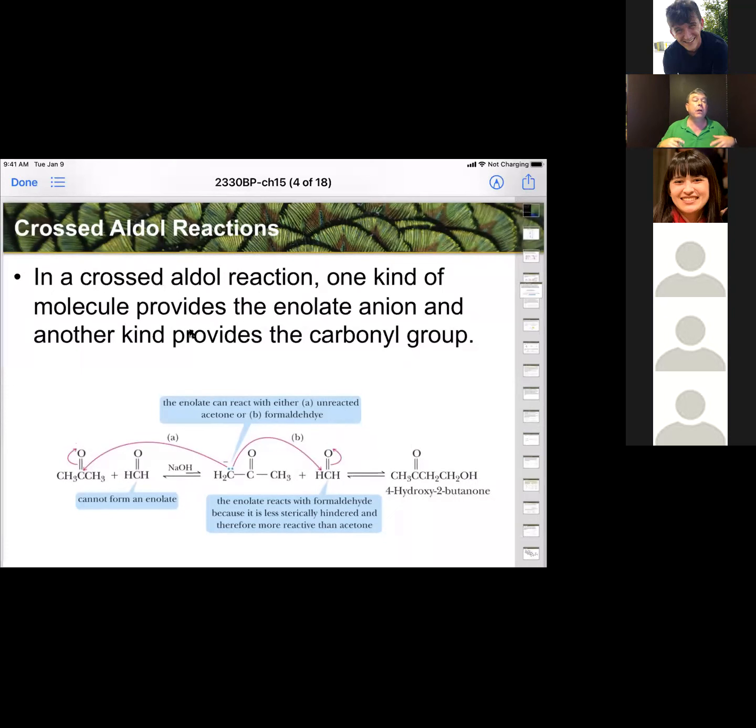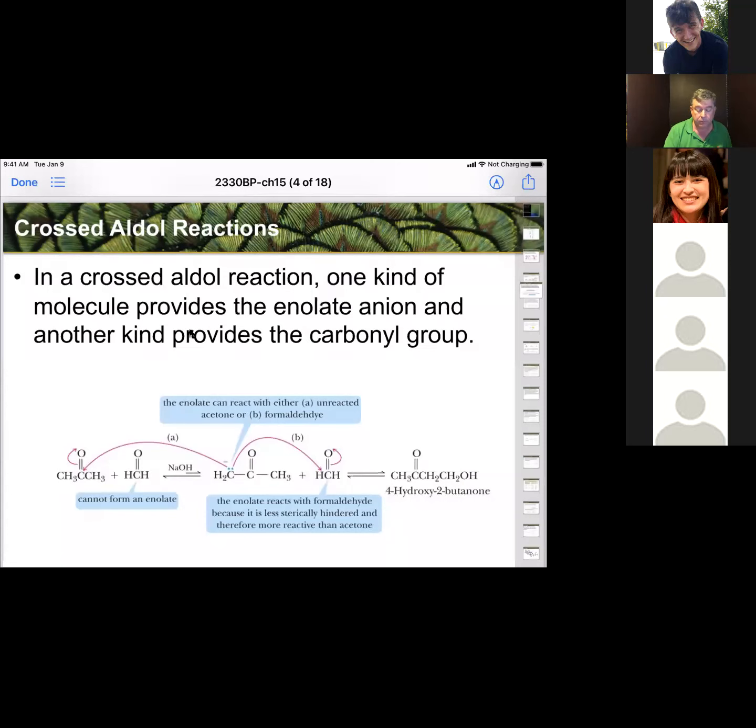In this case, we call it a cross aldol reaction, meaning one thing can make an enolate, the other thing can't make an enolate. Okay, so what does that mean? That means one of your compounds is an aldehyde or ketone with alpha hydrogens. The other compound you have is a carbonyl compound with no alpha hydrogens.